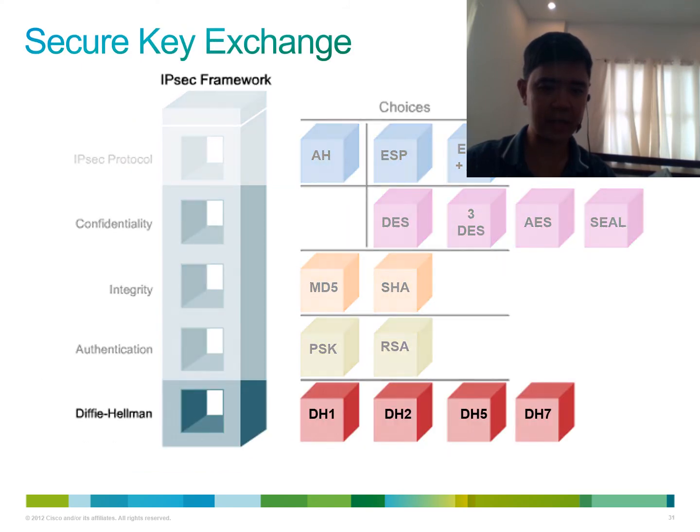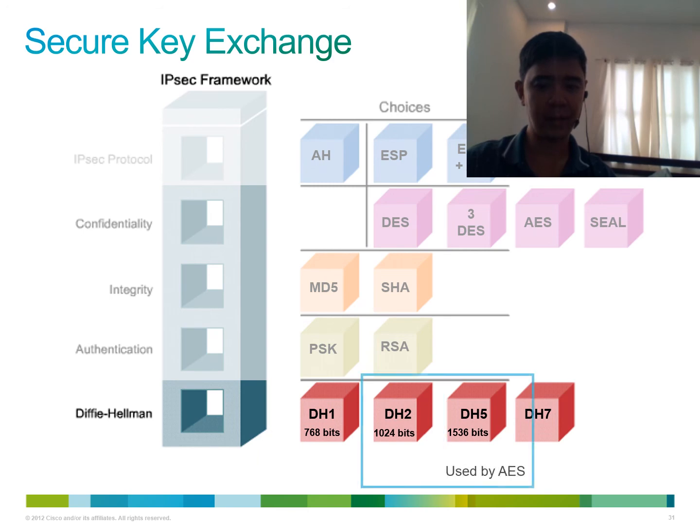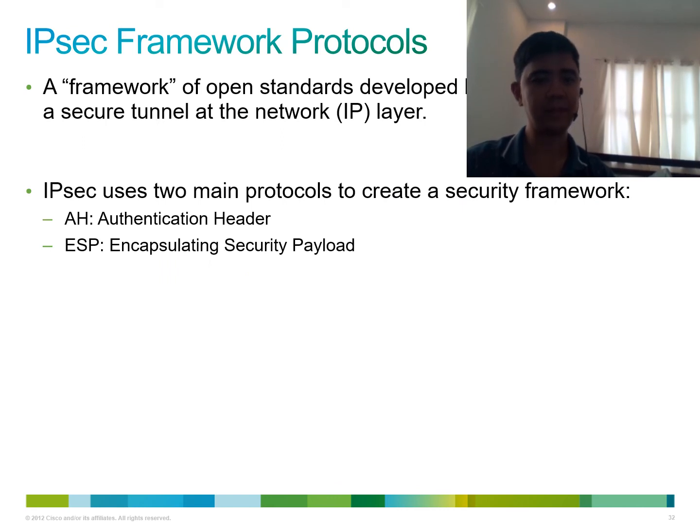Then PSK and RSA for authentication, and then the Diffie-Hellman algorithm. Recommended, say, for AES, is DH2 or DH5. So for the IPsec framework, we have two main protocols, the AH, Authentication Header, and the Encapsulating Security Payload.